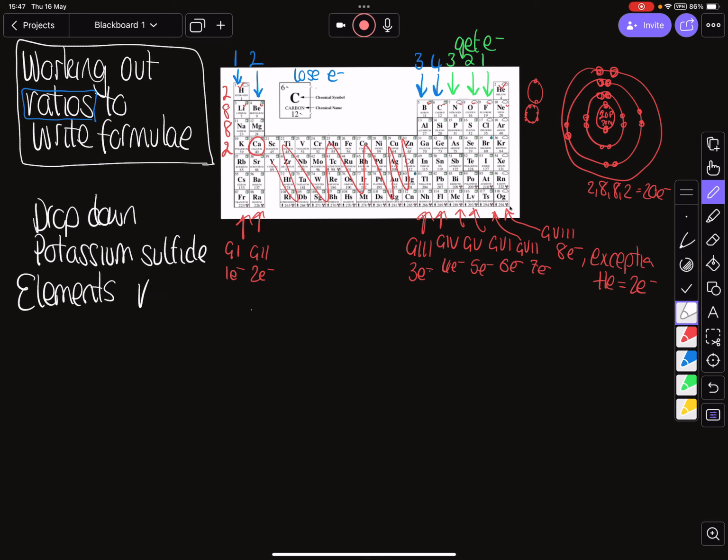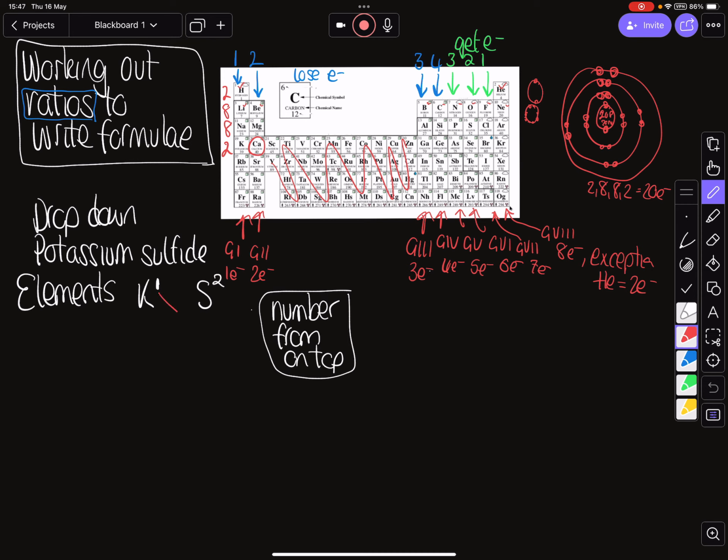So I'm hoping you're saying K for potassium and you're figuring S for sulfide, and we're using the numbers that we wrote on top of the periodic table here. Okay, that's really important. So the numbers from on top. So K lives in group 1, so it gets a 1, and S lives in group 6, so it's getting a 2.